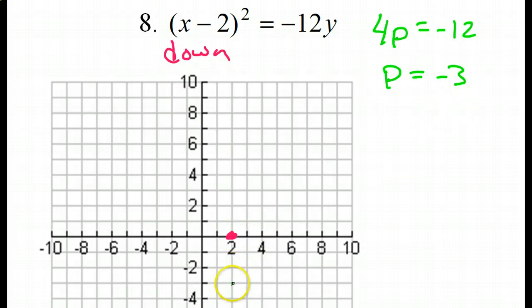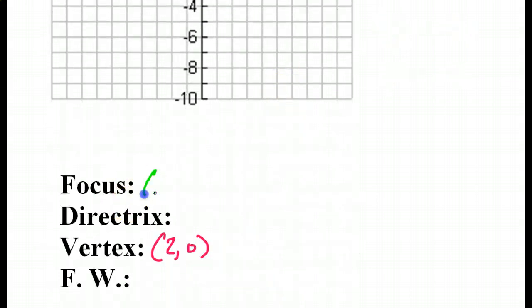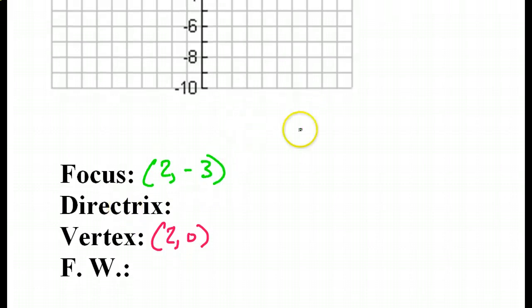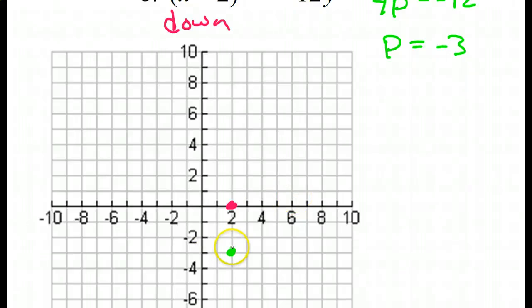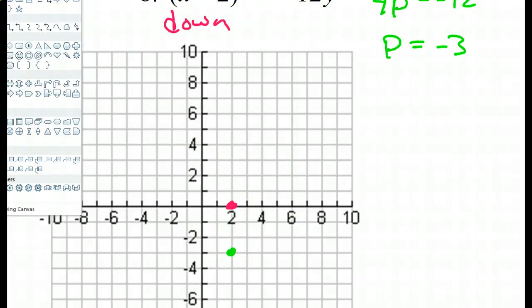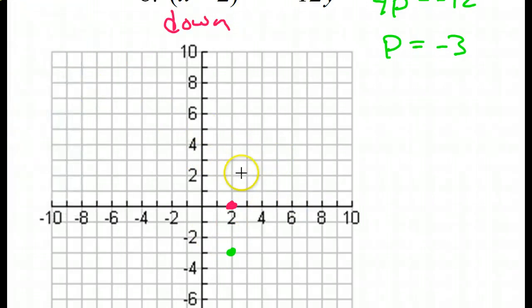That's 2, comma negative 3. Now the directrix should be the same distance to the other side. So I'll go up 3 like this. And so my directrix will be here.